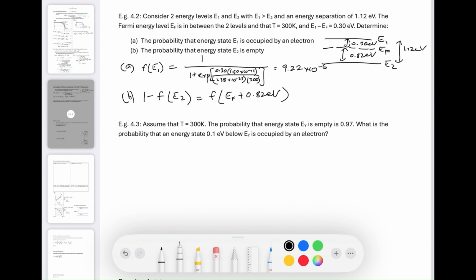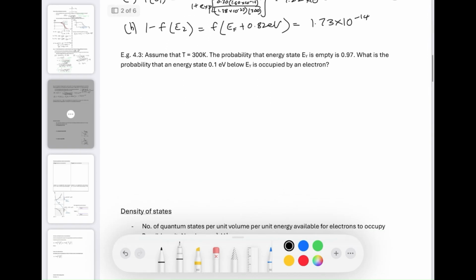So again, you can just use the formula and the answer will be 1.73 times 10 to the power of negative 14.